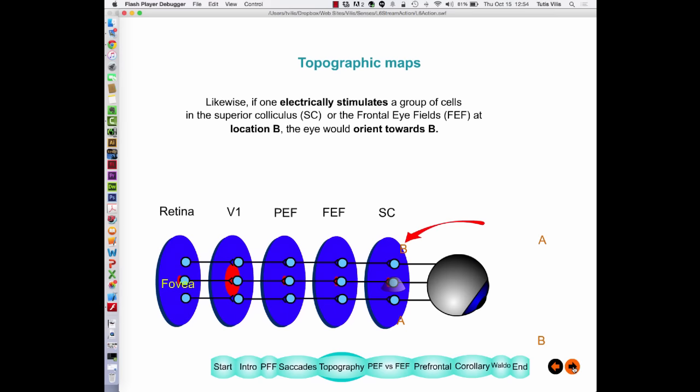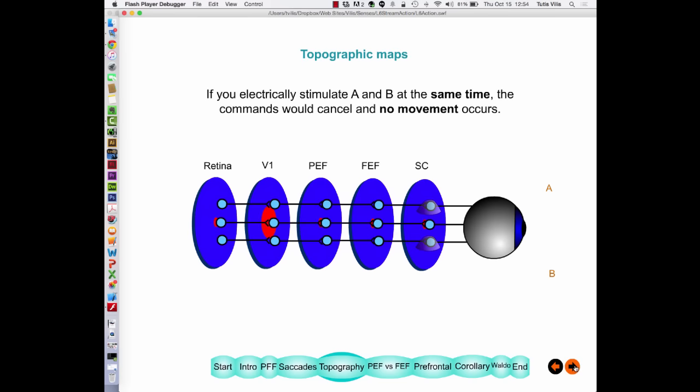If instead this object appears here, then activity occurs here and turns the eye towards the object again. If both these hills became activated by, let's say, stimulation, then the commands would cancel themselves and no movement will occur.